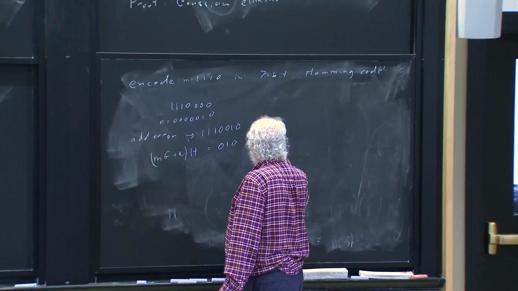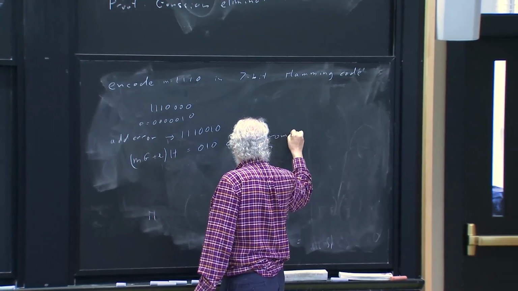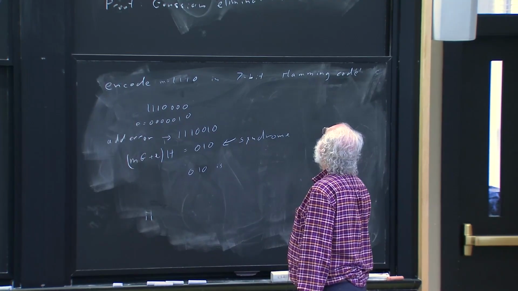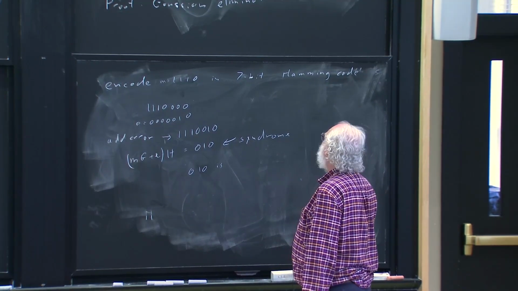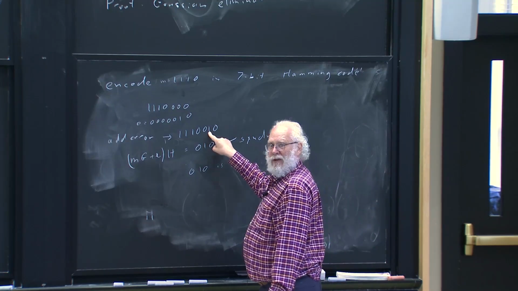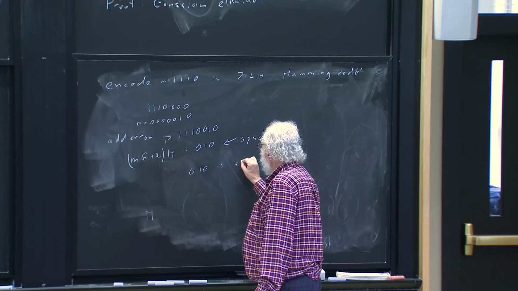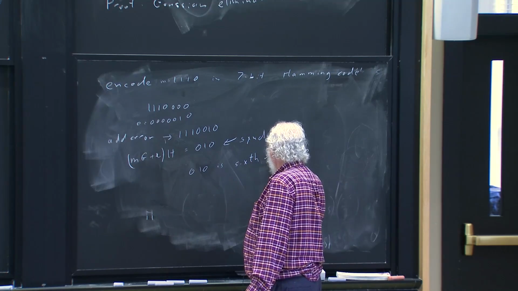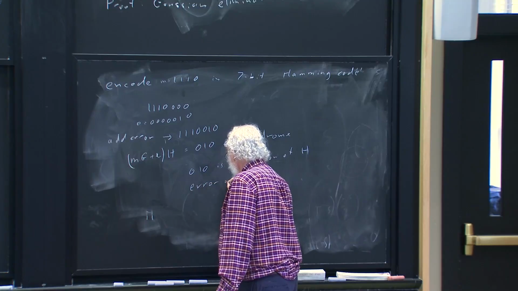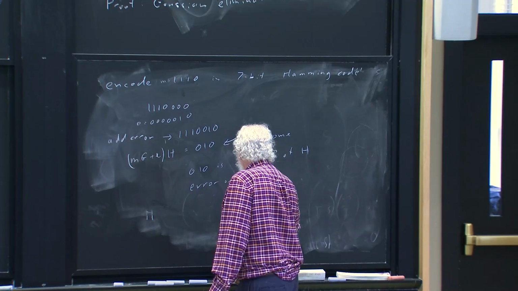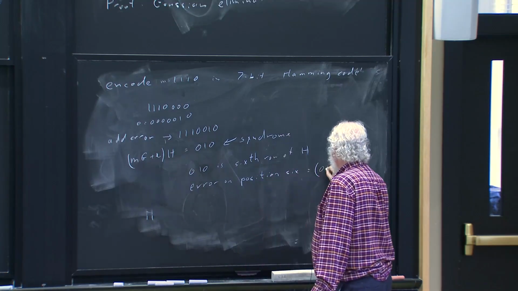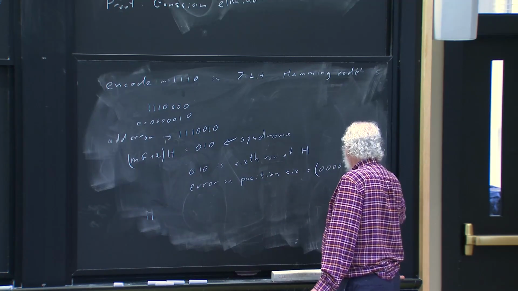And this is the syndrome. 0, 1, 0 is the 6th row of H. I think I said 5th one earlier, but I meant 6th. Error in position 6: 0, 0, 0, 0, 0, 1, 0.